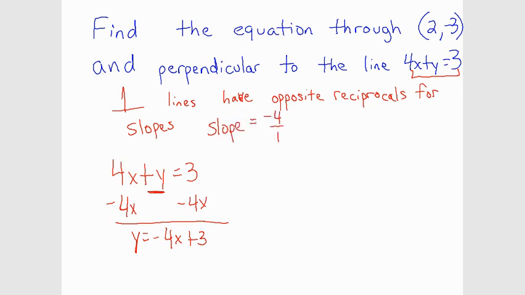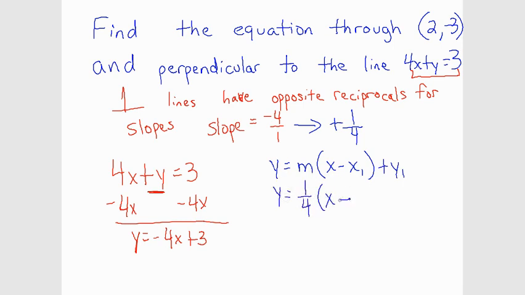So when we take the opposite, that means the end result has to be positive, and the flip of it is 1 over 4. So once again, I will use my point-slope form. Okay, so y equals my slope of 1/4 times (x minus my x value, 2) plus my y value, which is negative 3. And now let's simplify.